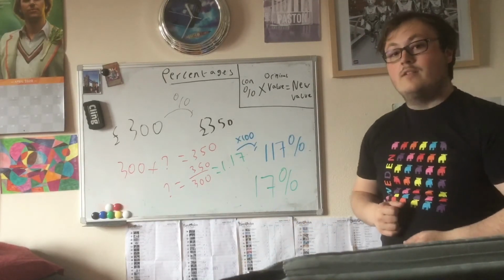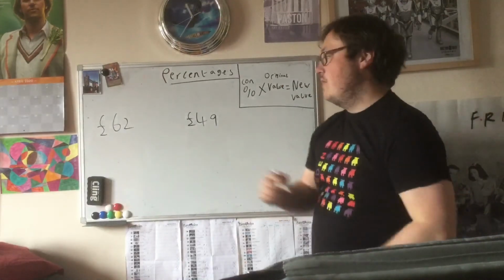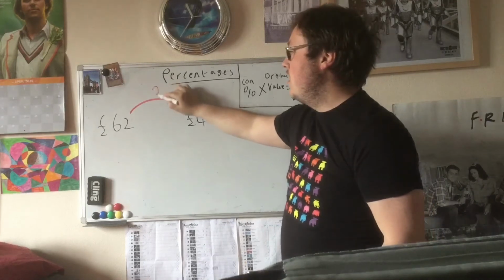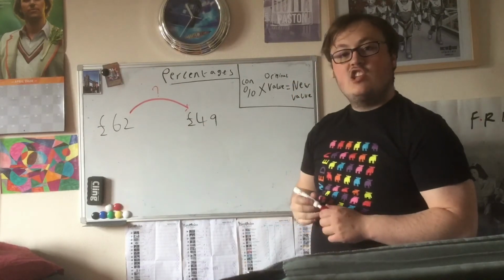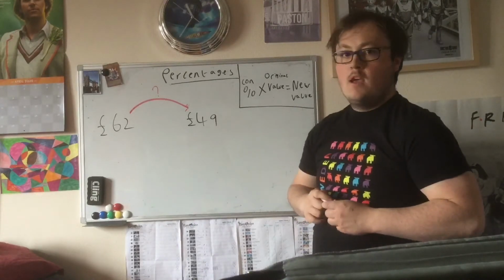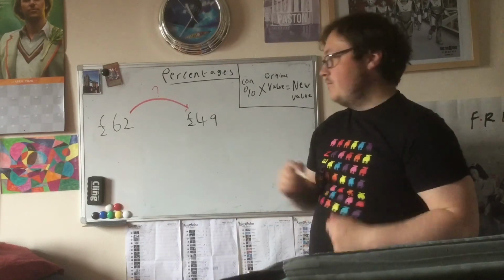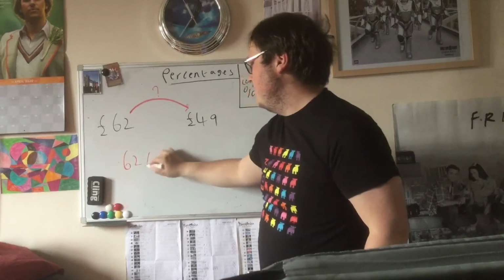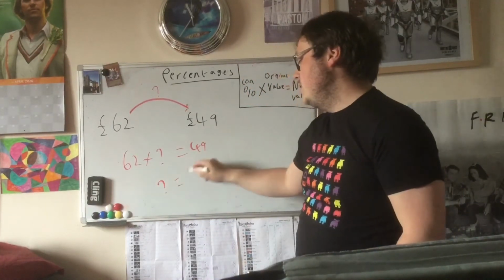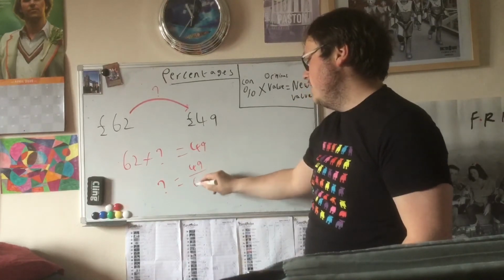Let's do another one. An item has decreased from £62 to £49. What percentage is £49 of 62? So, this is what we do. 62 times our unknown equals 49. So to find our unknown, we do 49 divided by 62.